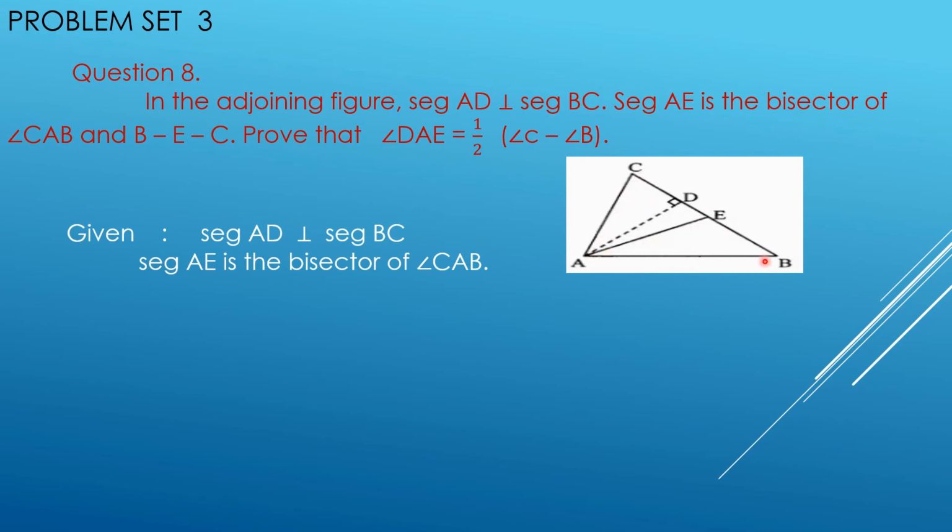Then to prove: angle DAE, that means this angle, is equal to half into angle C minus angle B. Then the proof.